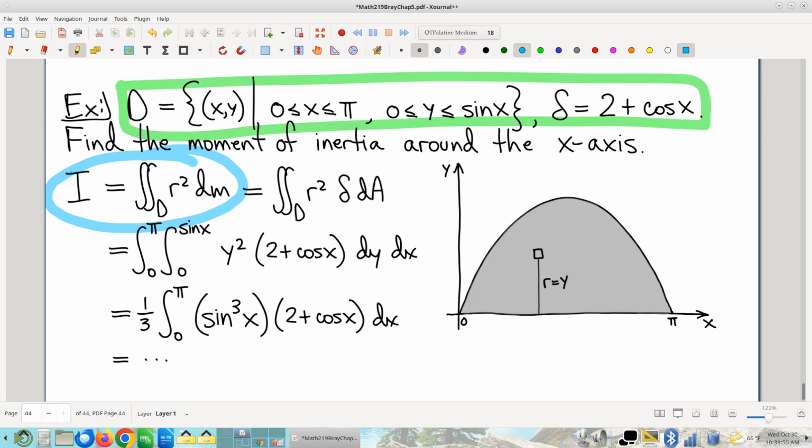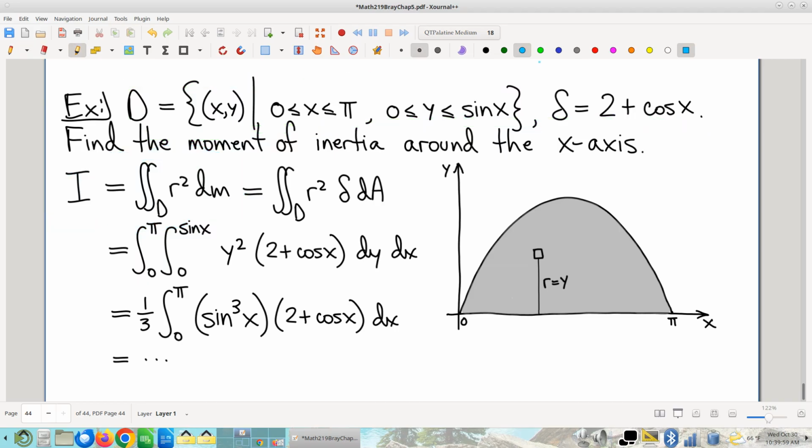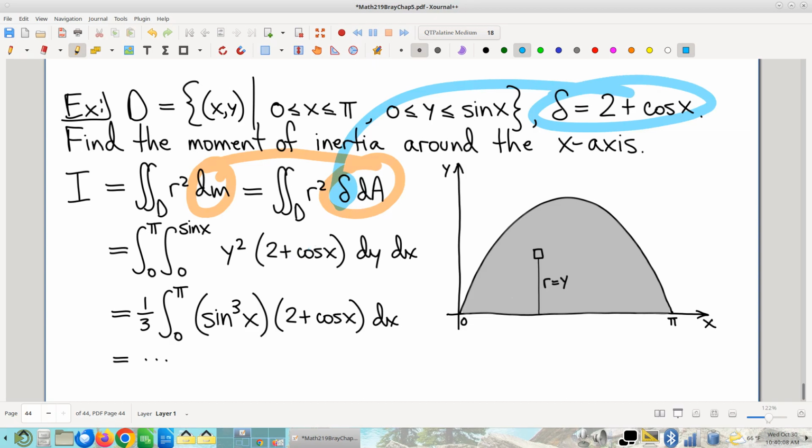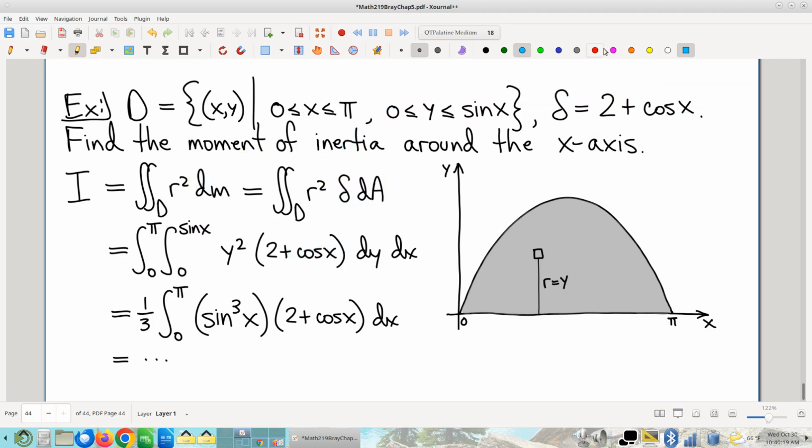Okay. So with that noted, let's see here, we can talk about dm. Mass is density times area, and good news, the density was given. So I can just plug right in. Right, dA, of course, can be dx dy or dy dx. Suit yourself. Then I've got to figure out what this r is. And again, this is an always kind of situation. You've always got to look at the picture and think about, okay, well, yeah, but what's my r?